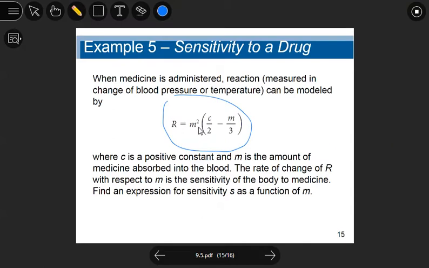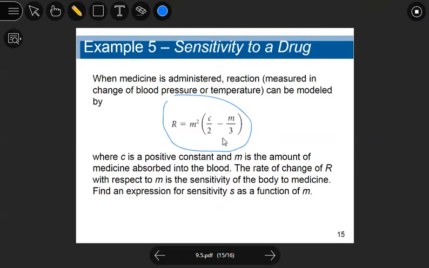The rate of change of R with respect to M is the sensitivity of the blood to medicine. Find the expression for sensitivity S as a function of M. So clearly you have to take the derivative of this function R with respect to M.